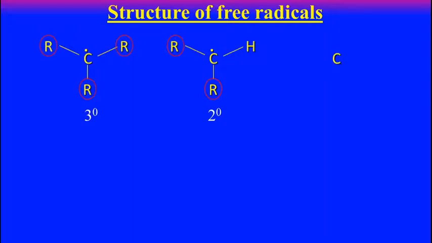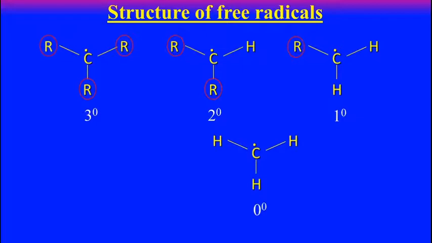Next, we see that only one alkyl group is attached to the carbon atom bearing an unpaired electron, so it is known as a 1 degree free radical. And finally we will see an example of a 0 degree free radical, where no alkyl group is attached to the carbon atom which contains an unpaired electron. So it is known as a 0 degree free radical.